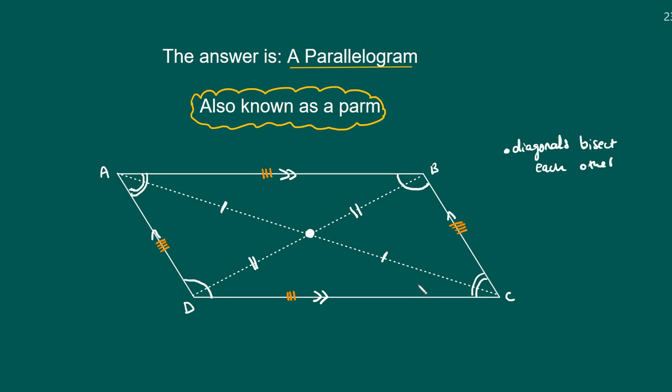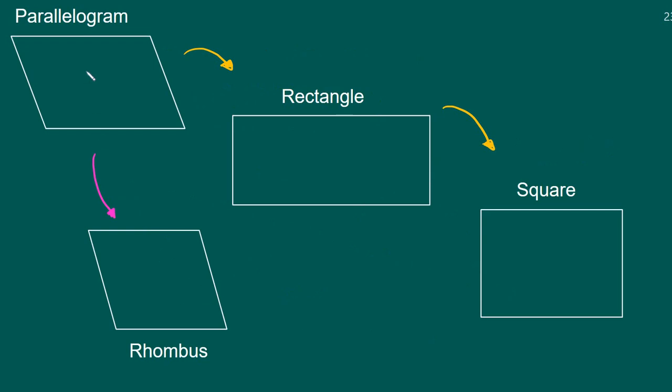So if you know a parallelogram, I need you to then know, how does a parallelogram relate to all the other quadrilaterals? Remember, if your parallelogram so happens to have one of the angles inside it being equal to 90 degrees, then that automatically makes that parallelogram a rectangle.